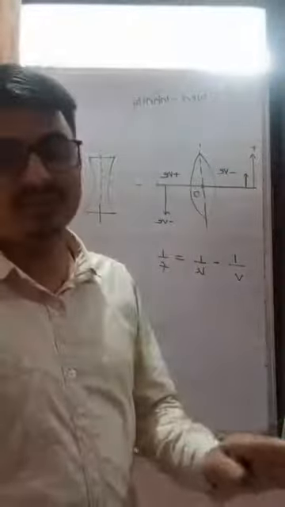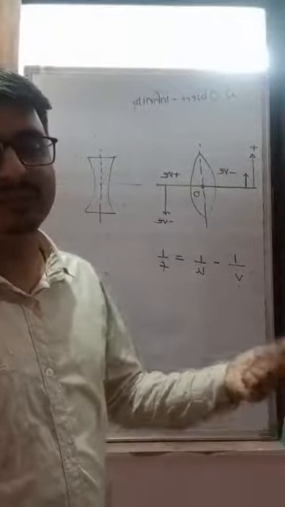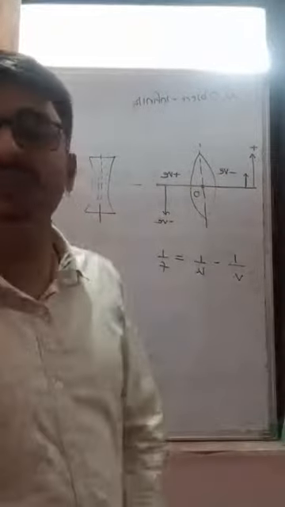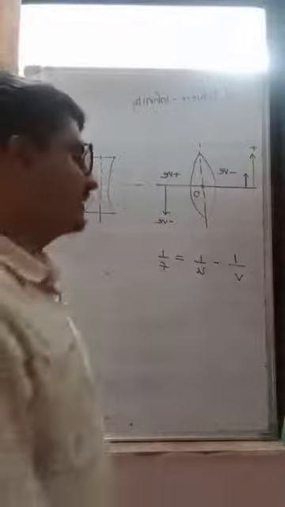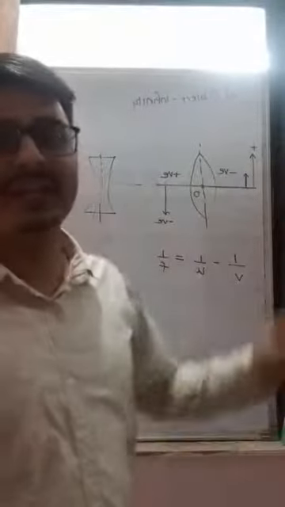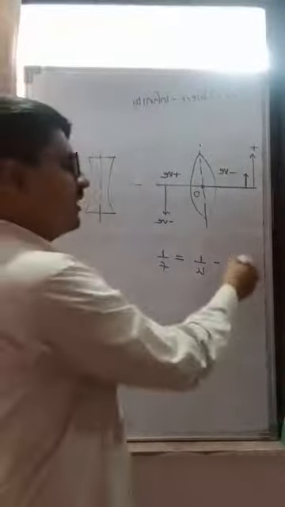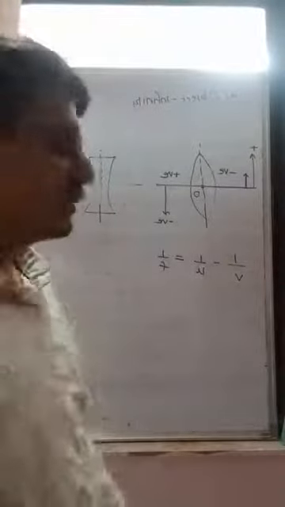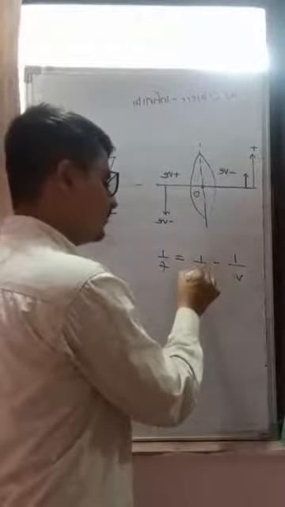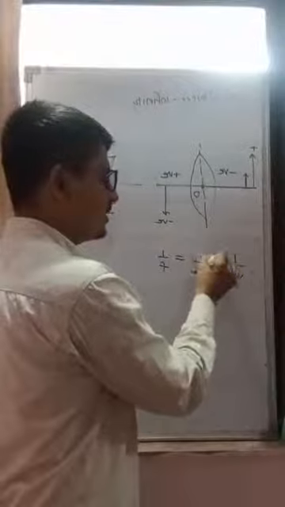It will be positive if the image is on the right-hand side, that means a real image. In the case of a concave lens, where the image is formed on the left-hand side, this v will also be negative. u is always negative because the object is always on the left-hand side of the lens.